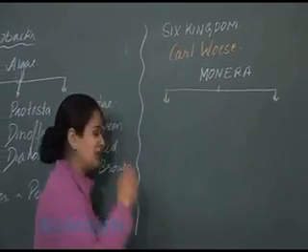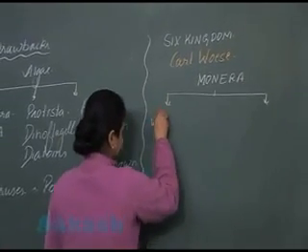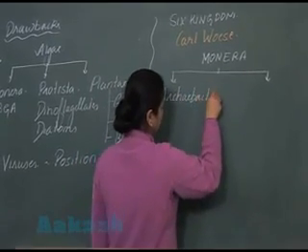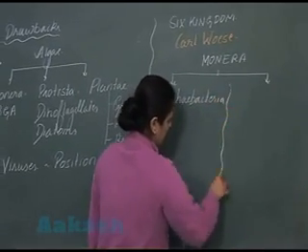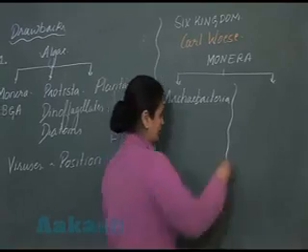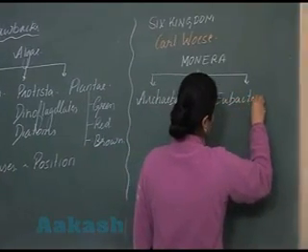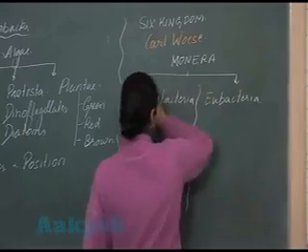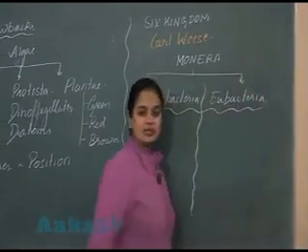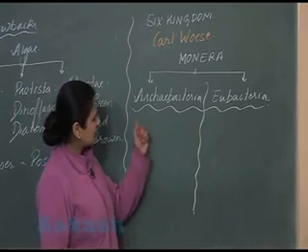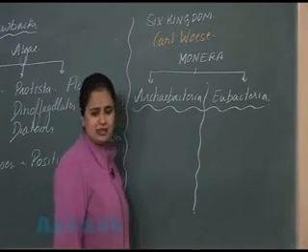That is primitive bacteria, archaebacteria, and advanced bacteria, that is eubacteria. So he divided Monera into 2 kingdoms, archae and eubacteria.